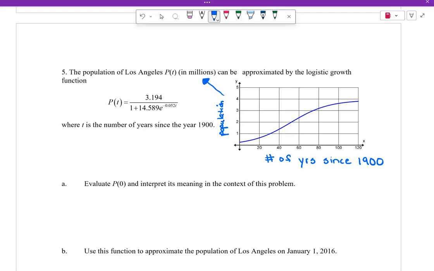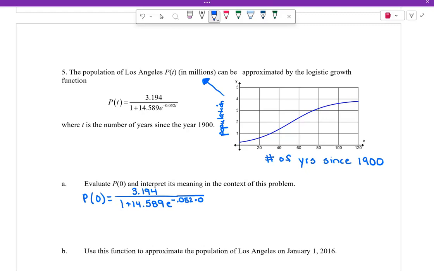So the first one says evaluate the problem for 0. That just means we need to plug 0 in. So 3.194 all over 1 plus 14.589 to the negative 0.052 times 0.